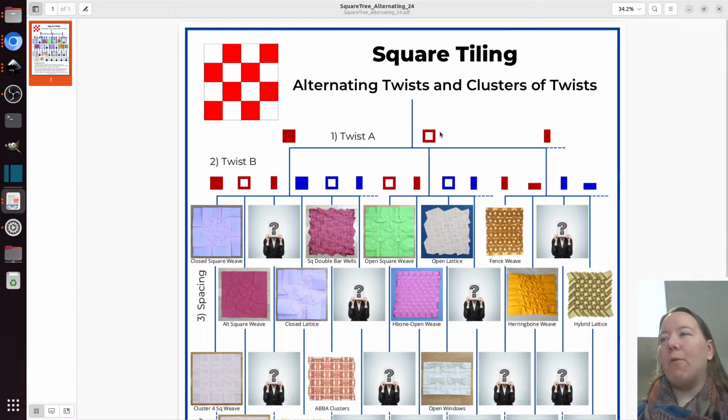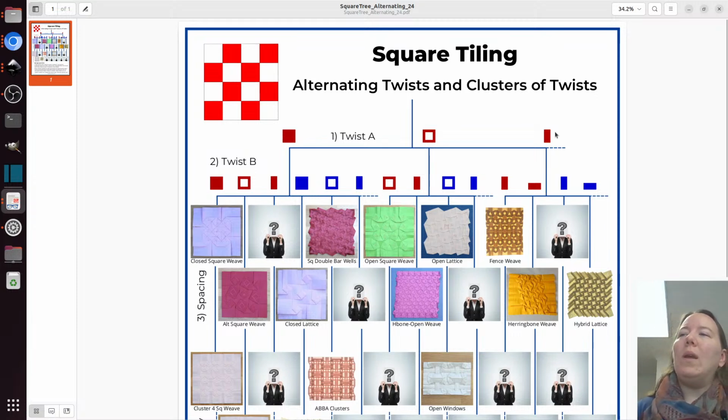And for this open branch, I eliminated the closed option because closed and then open is the same as open and then closed. So I just left the closed and then open here, eliminated the open and then closed options. But we still have the option of open, then open on the same or opposite side, or hybrid on the same or opposite side.